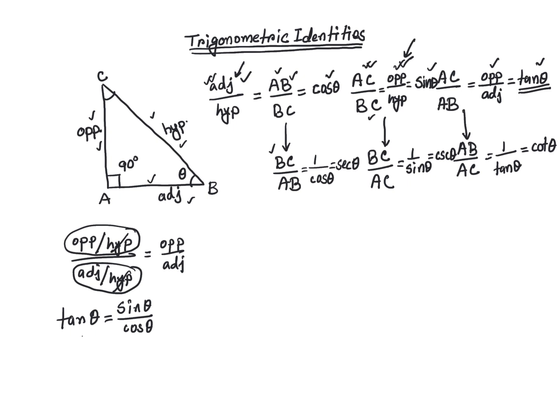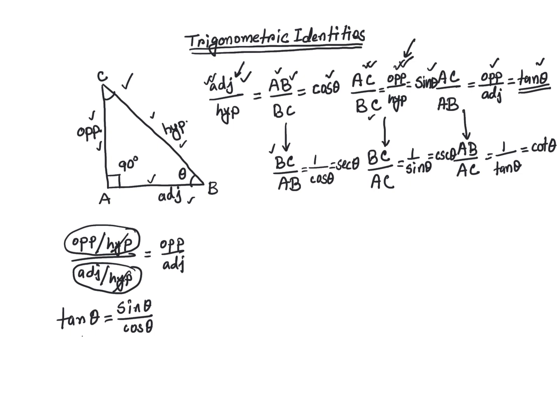So all the possible pairs of ratios in this triangle, we have considered. What in essence we have defined is the trigonometric identities with respect to a right triangle.